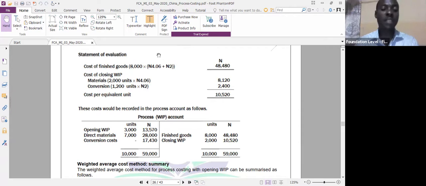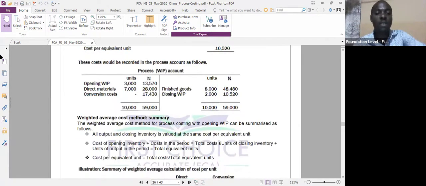Now direct material: we added some direct materials and we made quantities of 7,000. That 7,000 cost us 28,000 naira in direct material, and labor and other conversion cost us 17,430.